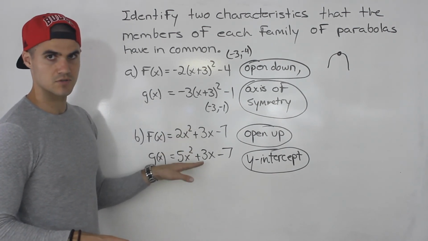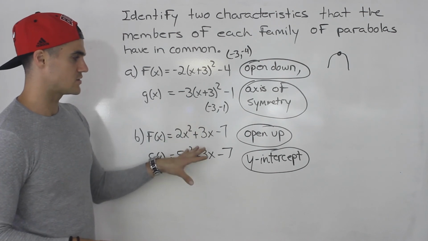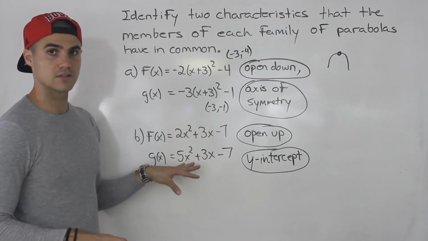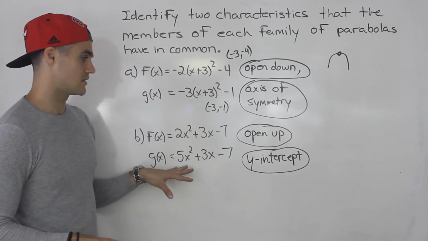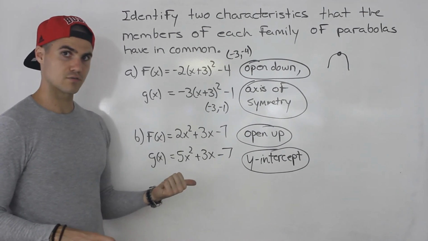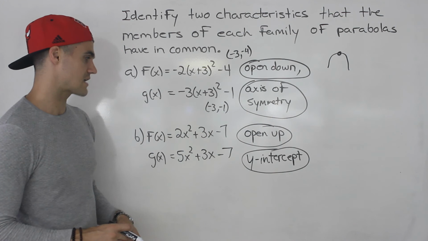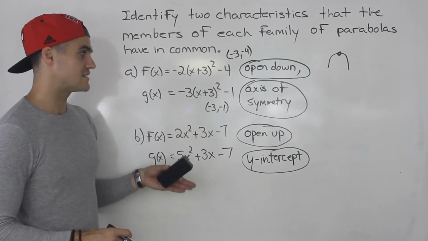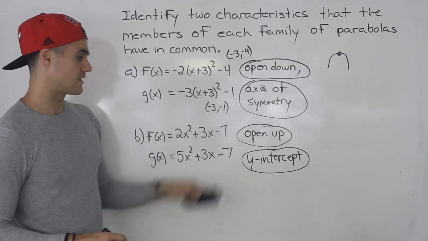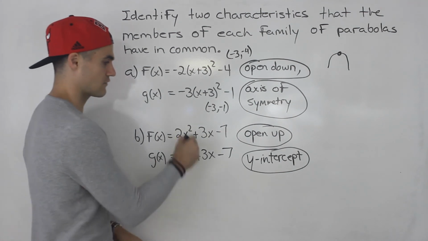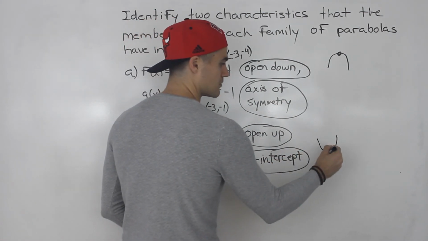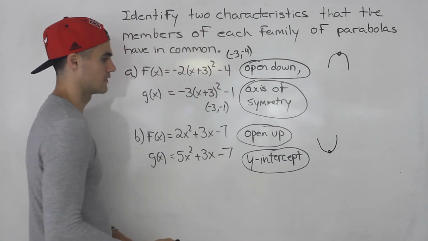You'll be dealing with decimals, but nevertheless you can do it, and you'll have two completely different vertices. So the x value will be different for the vertex, and the y value. So you can say that both of them have a different axis of symmetry and a different minimum value. These are going to have a minimum value because the parabolas are opening up.